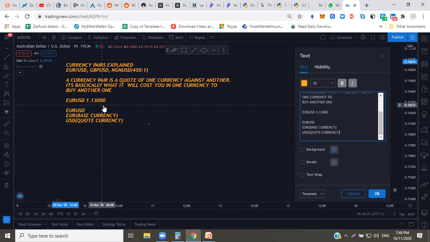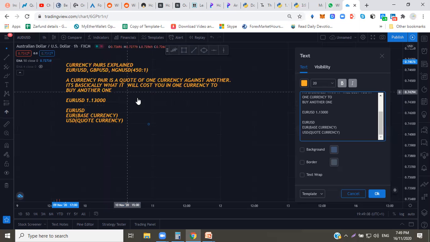It means that this value is the USD value that is needed to buy the base currency, which means the quote currency value needed to buy the base currency. In this case, 1.3000 is the USD amount you need in order to buy 1 euro.